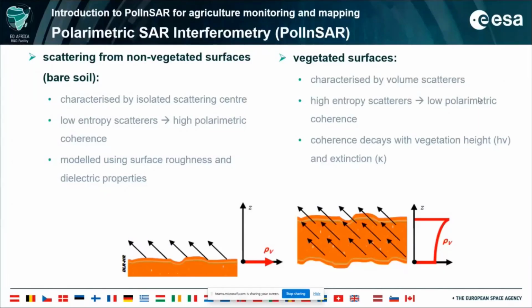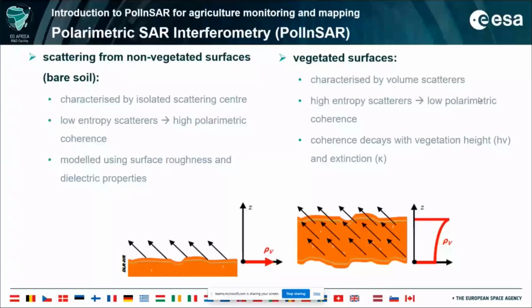On the left side, we have scattering from non-vegetated surfaces, from bare soil, for instance, and on the right side, we have vegetated surfaces, which is also defined as vegetated volume.